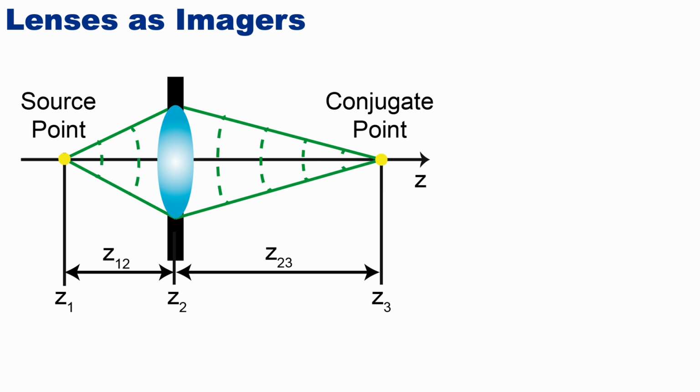If we think about our module number 1, where we were talking about ray optics, we were introduced that lenses were used to create images. That means that here we have a point source, and then we're going to have the image, the conjugated point source, and these are two conjugates.